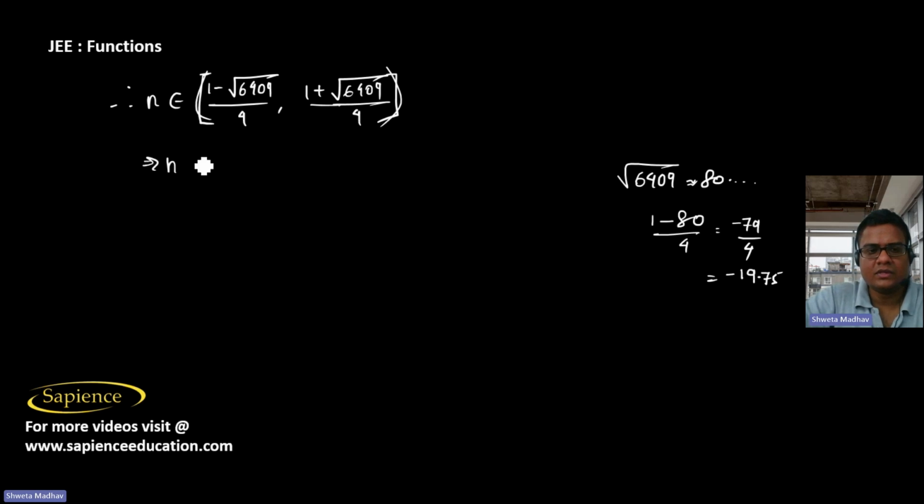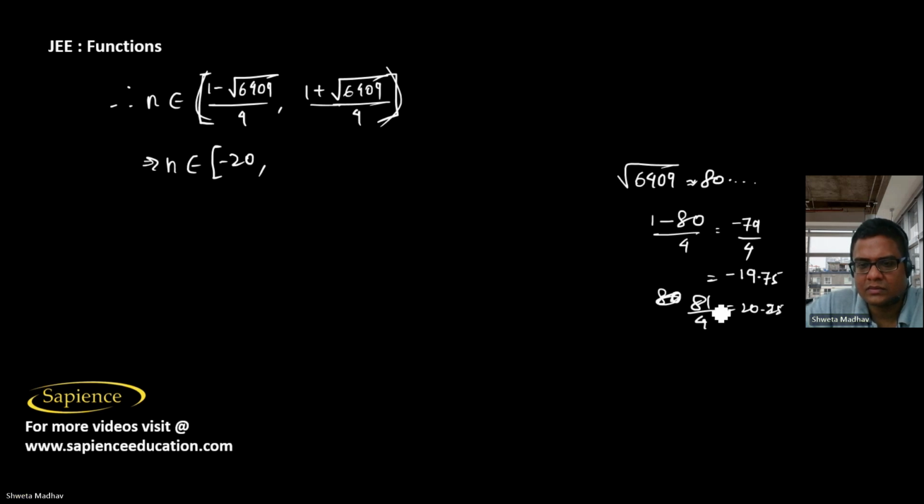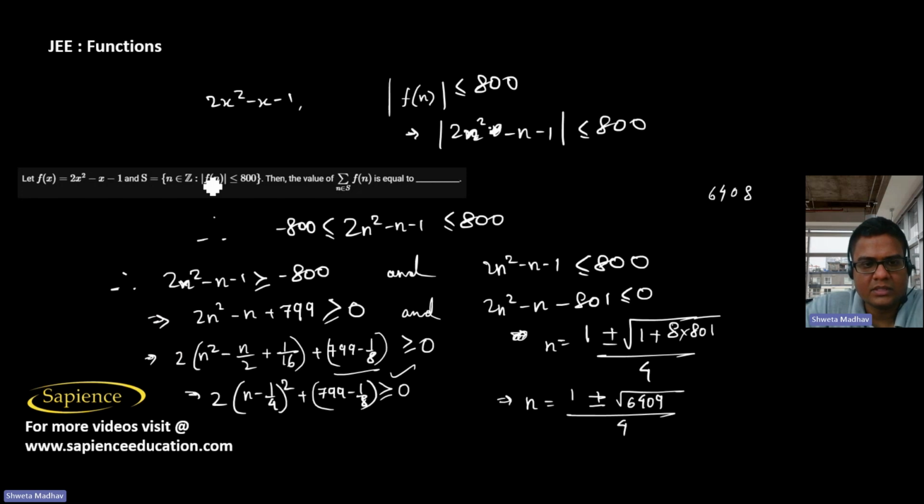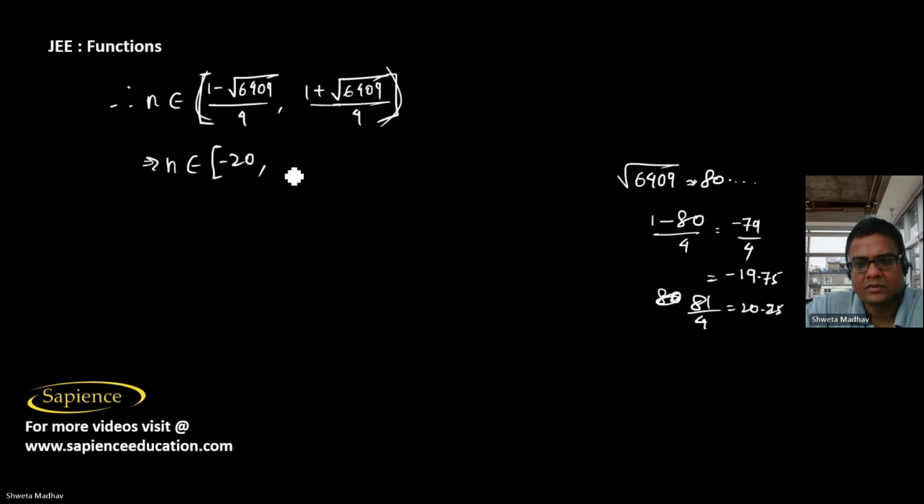So therefore n will belong to minus 20 to, this will be 80 approximately, so 81 by 4, that is 20.25. So the integral part only we have to take, since n should be in integers only. So this will be 20. So it will go from minus 20 to 20 only.